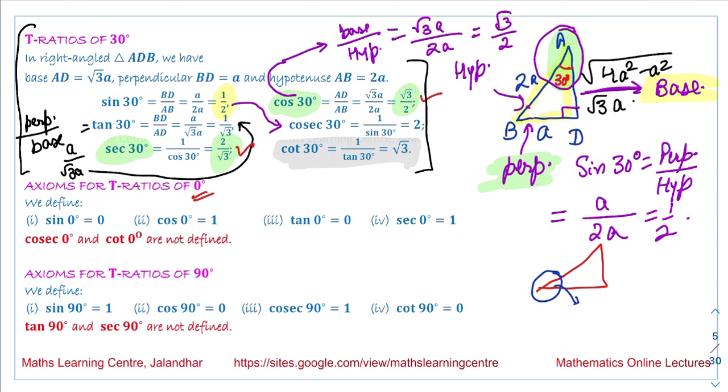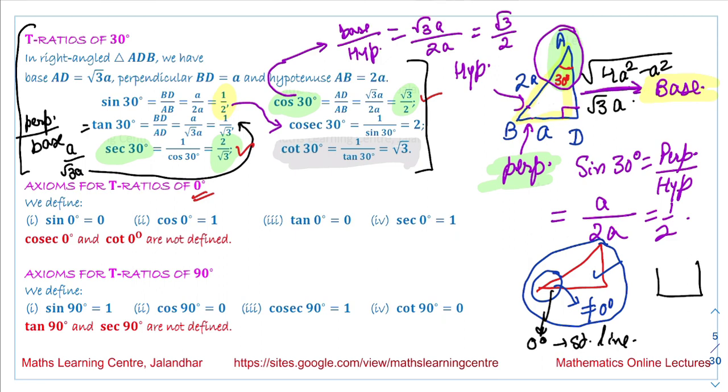The value of this angle cannot be 0 degree, because this is a triangle over here, and if this value is 0 degree, it means this will become a straight line. Similarly, if this angle is 90 degree, both these angles are 90 degree, it means both these lines will become parallel. So it is not possible to draw a triangle whose this angle is 90 degree.